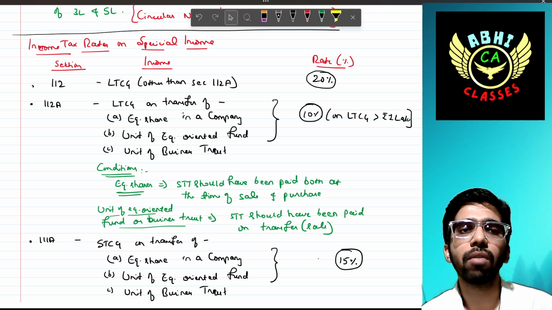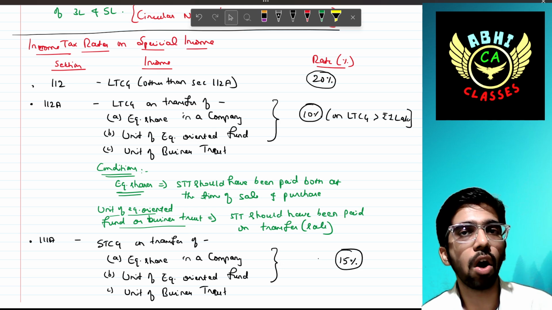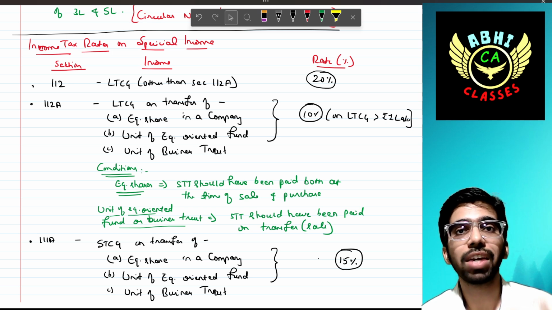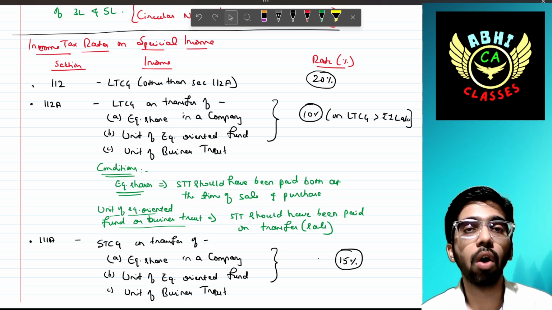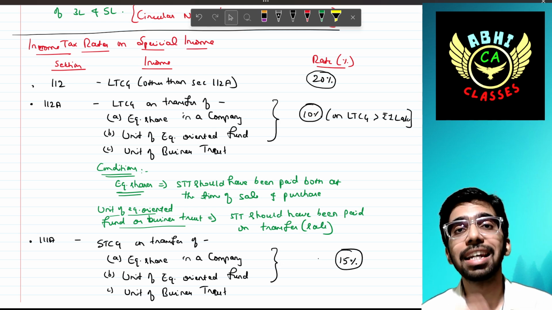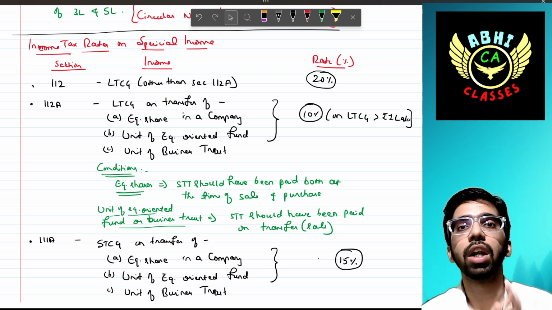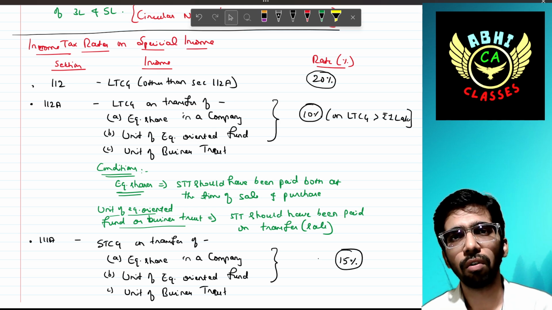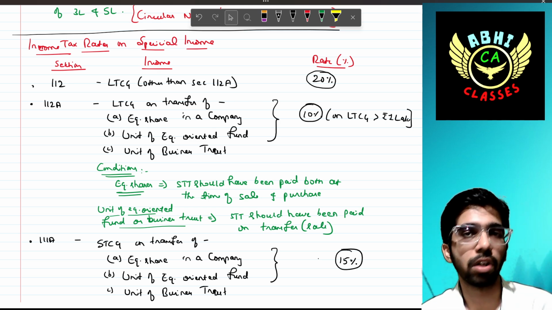Okay, next to 112A, LTCG, that is long term capital gain on transfer of equity share in a company or units of equity oriented fund or units of business trust, then 10% of more than 1 lakh LTCG is the tax amount. Up to 1 lakh, there is an exemption.